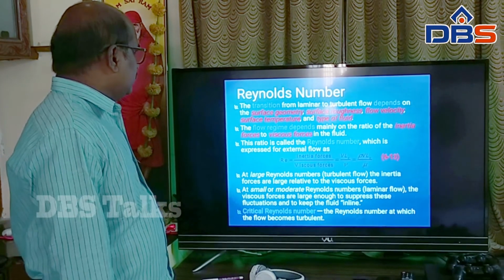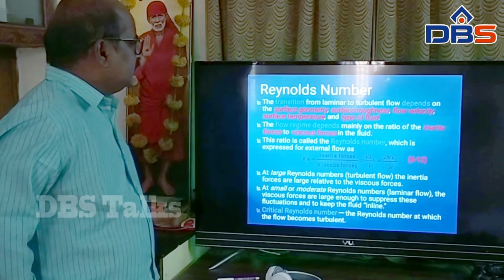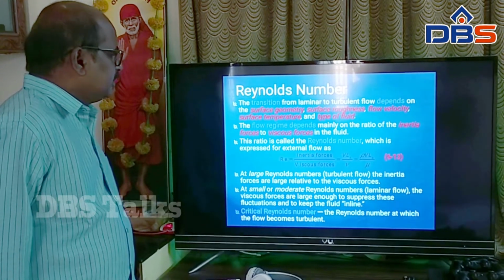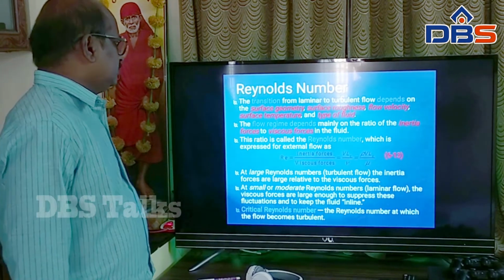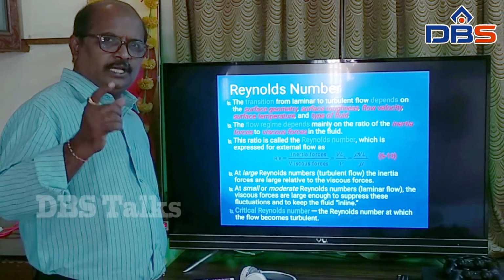So the next non-dimensional number is the Reynolds number. This is also one of the very important non-dimensional numbers. Based on the Reynolds number, we can identify whether the flow is laminar or turbulent.